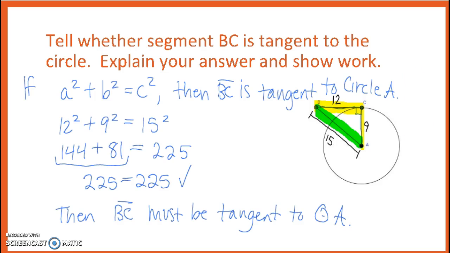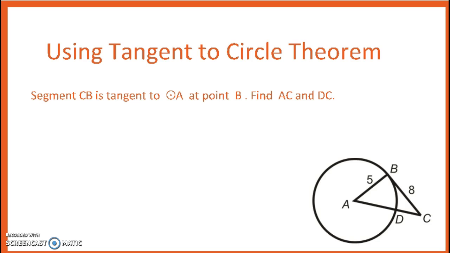All right, let's look at another problem. Here we are told that segment CB, this one right here, is tangent to circle A at point B. So B is our tangent point, meaning that these two segments form a 90-degree angle.